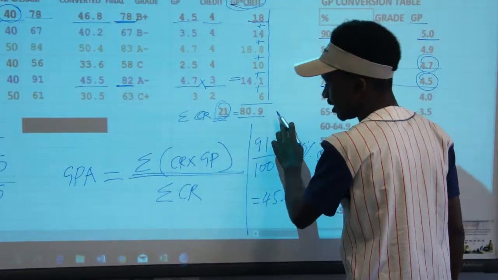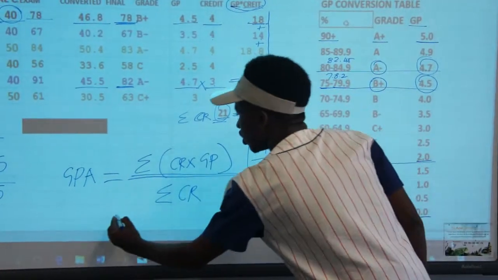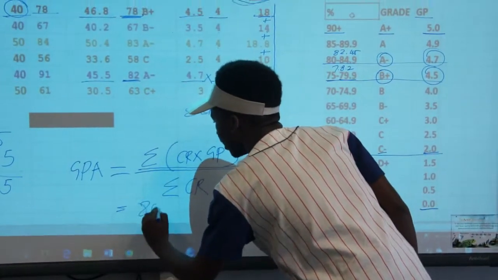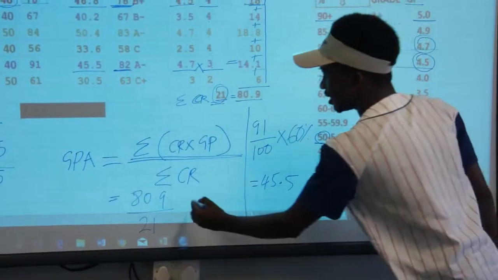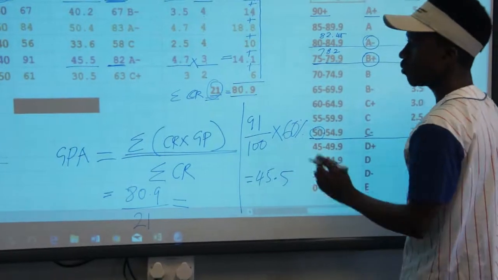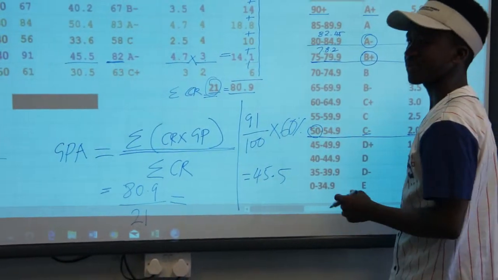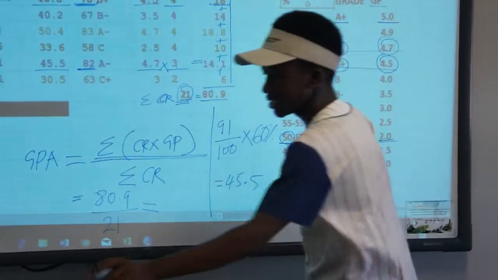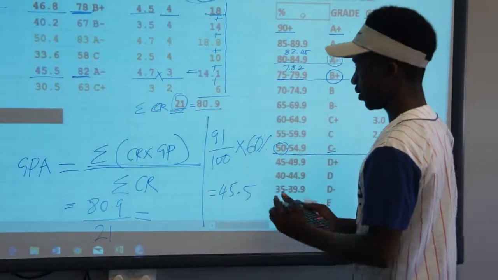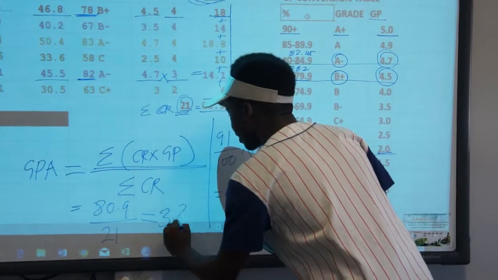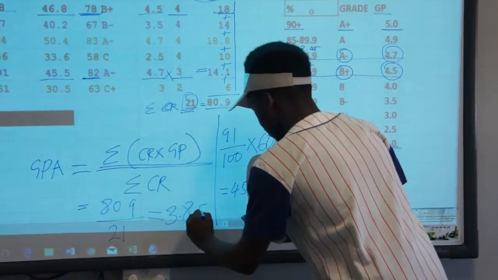So at the end of the day, you are going to have 80.9 over 21. And this is how you are going to obtain your GPA. This is going to be 80.9 divided by 21, which is going to be 3.85.